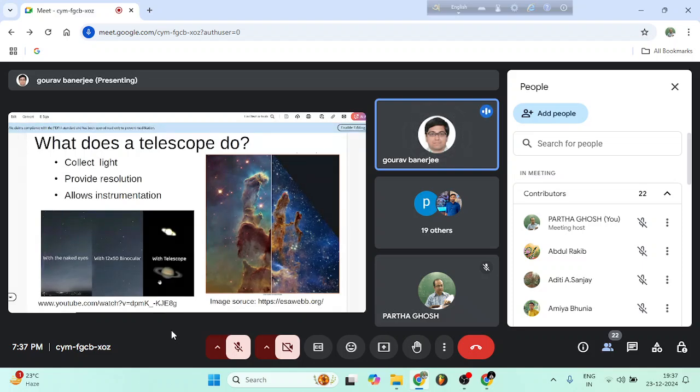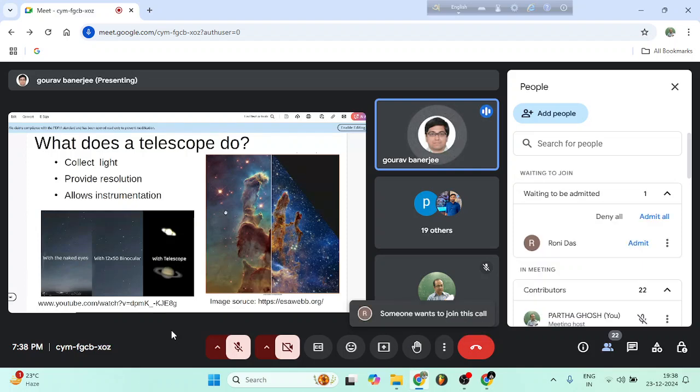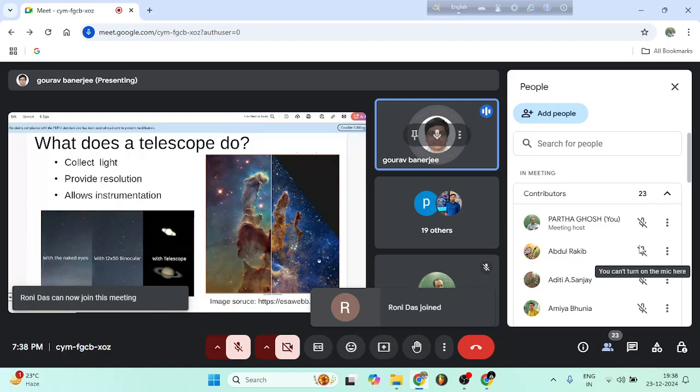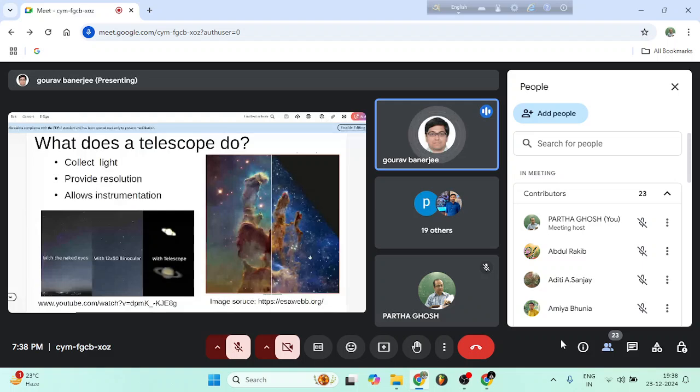And finally, on this side of the image we are looking at a Hubble field. The left side is the Hubble image and the right side is the JWST image. You can see there is some improvement in resolution as well as light gathering. But there is one more critical difference between these two images: the left side image is a visible image and the right side image is an infrared image, so it can peer a little bit deeper into what we are observing.